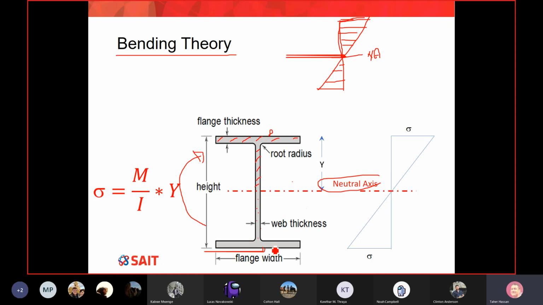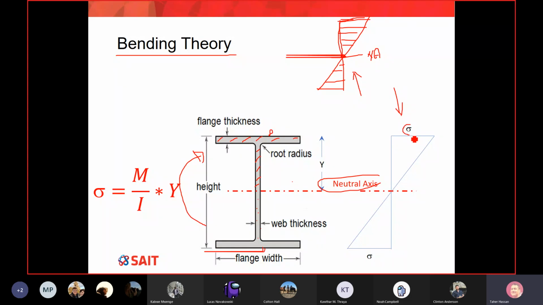You guys know that there is a relationship between stress and strain. You remember, huh? When the stress is increased, the strain will increase. That's why this diagram here is the strain diagram. The same shape applies for the stress diagram.